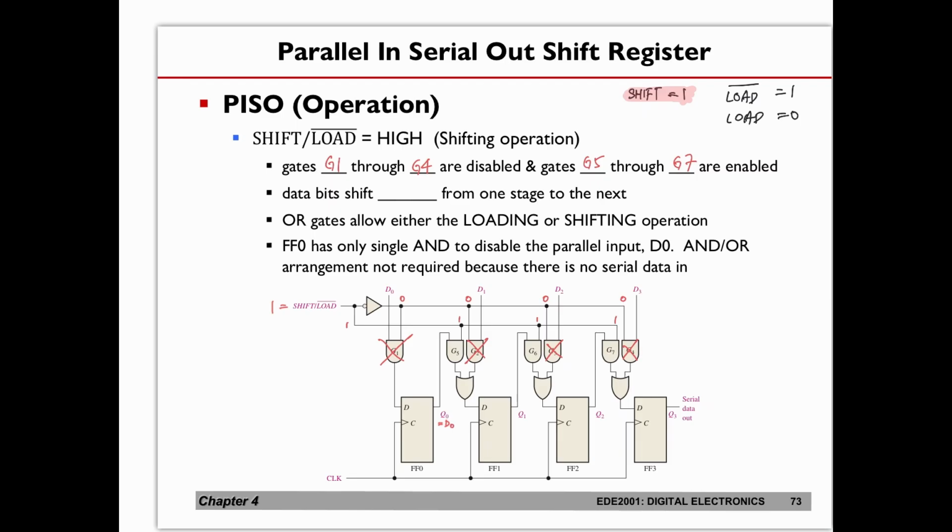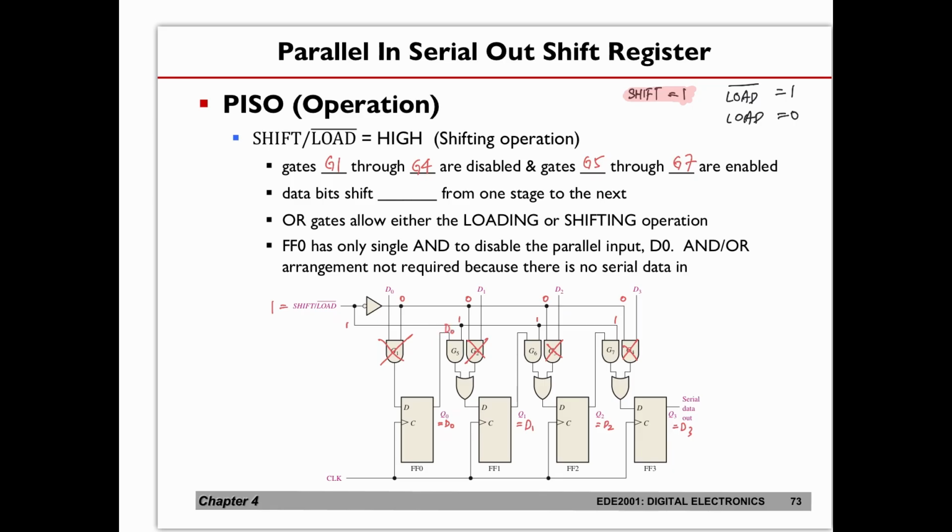Now what's going to happen here is that, don't forget, Q0 is equal to D0, Q1 equals D1, Q2 equals D2, and Q3 equals D3 previously. So now D0, D1, D2, D3 are actually stored inside these registers. At the next clock cycle, D0 is going to go into this AND gate here. So this will be D0 here.